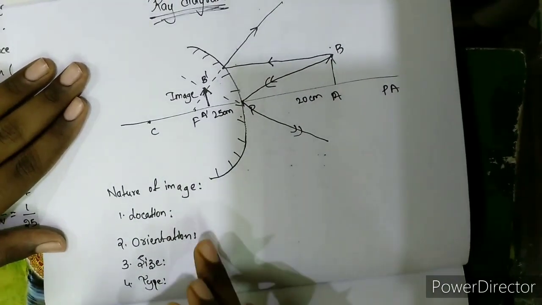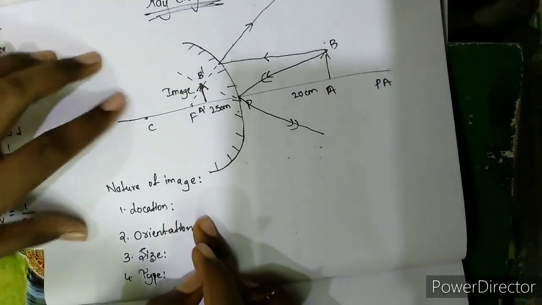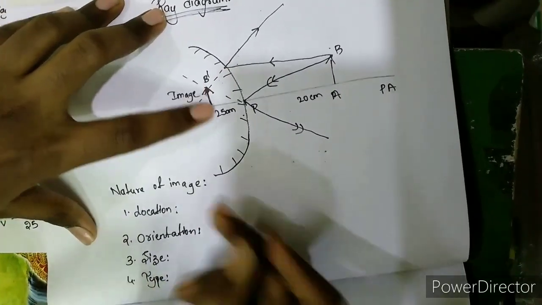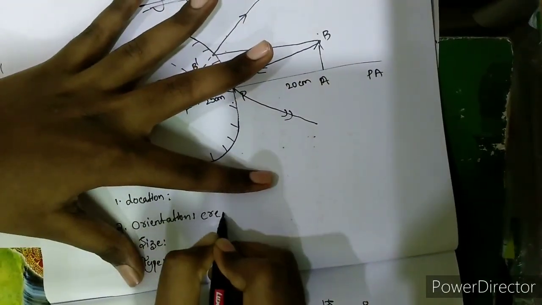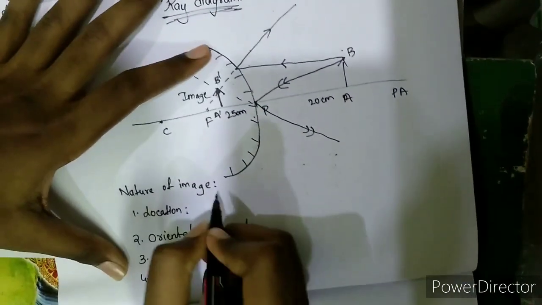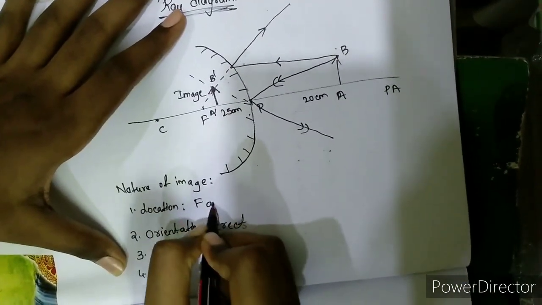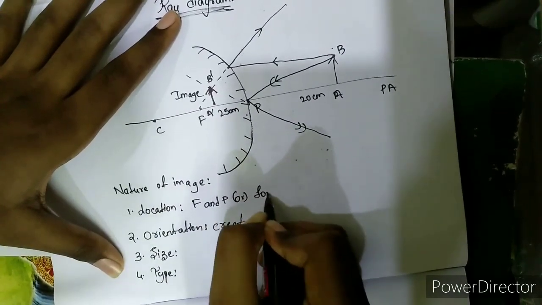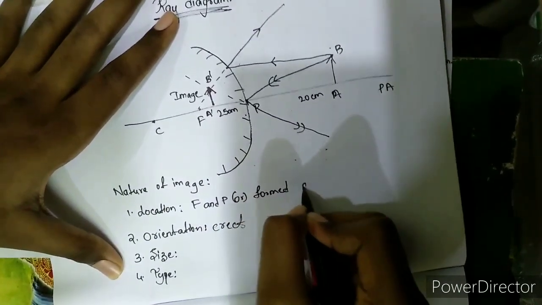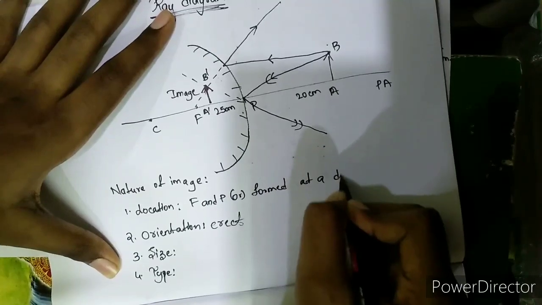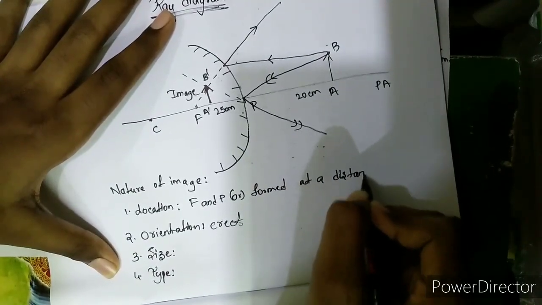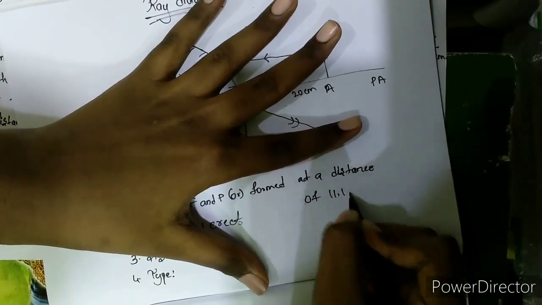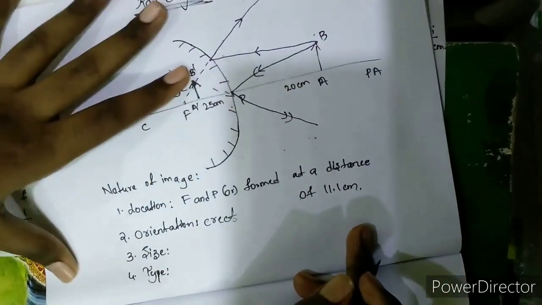We had got 11.1 or 11.2 centimeters in the problem. We can write this for location. For orientation, we have to write whether the image is erect or inverted. As here the image is erect, we write that the image is erect.